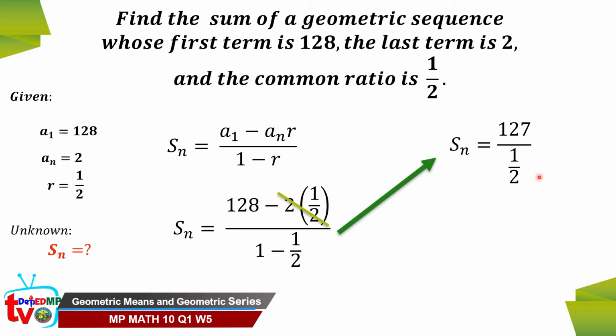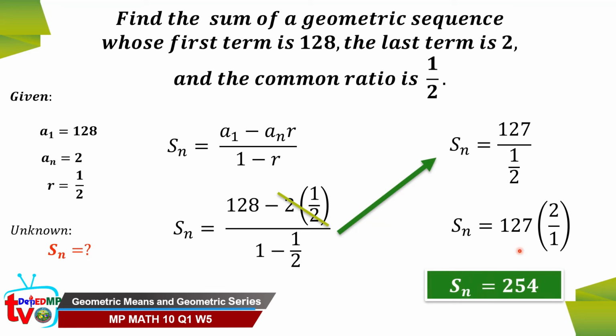We can simplify this by getting the reciprocal of the denominator, which is 2 over 1, and multiply it to the numerator, that is 127. So the sum of the geometric sequence, whose first term is 128, whose last term is 2, and having a common ratio of 1/2, is 254.